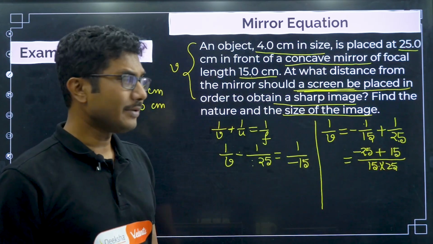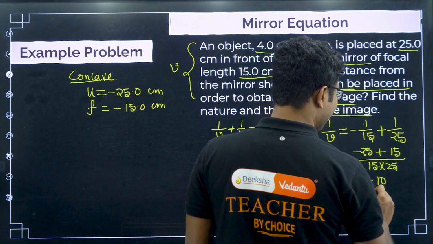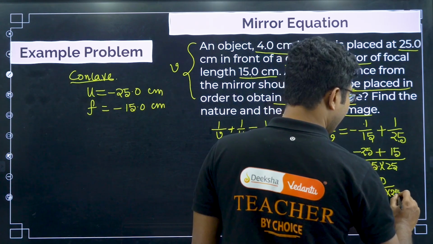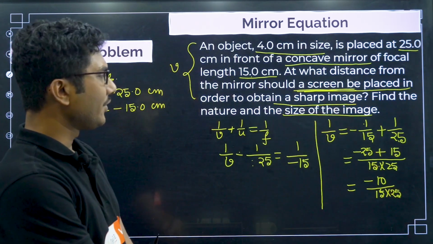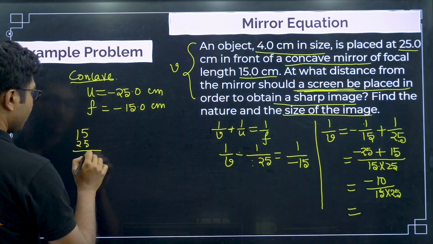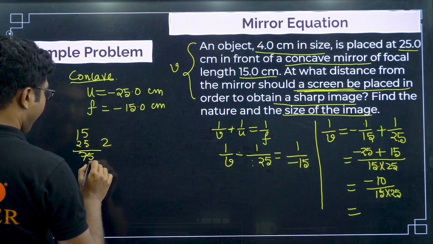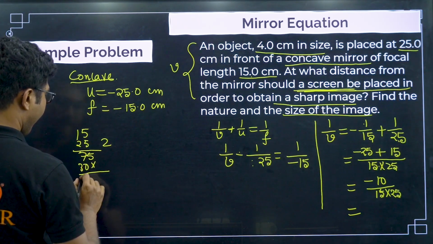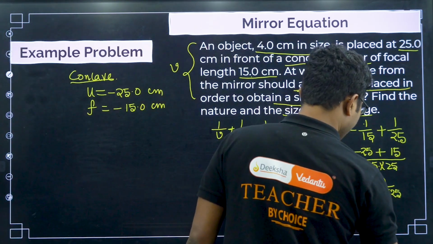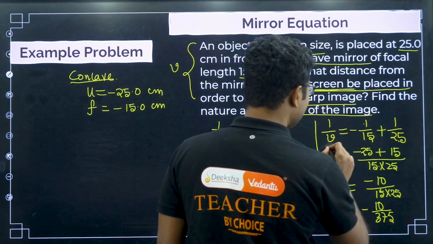After the calculation, you will get minus 10 divided by 15 into 25. 15 into 25 is 375. So it will be minus 10 divided by 375. Now this is 1 by V.